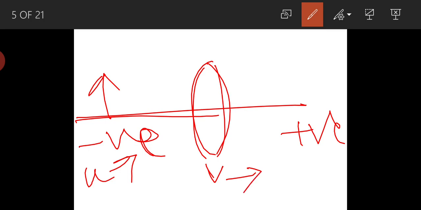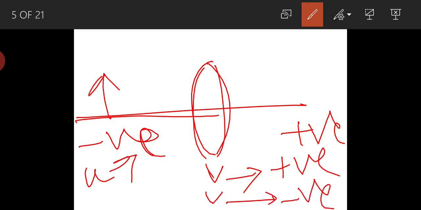Whereas v, in some cases, will form on the right side, and when it is forming on the right side, it means it is a real image. In case of real image, v is positive, whereas in case of virtual image, v is negative, because virtual image will always form on the same side of the object, that is on this side, which means it is negative.